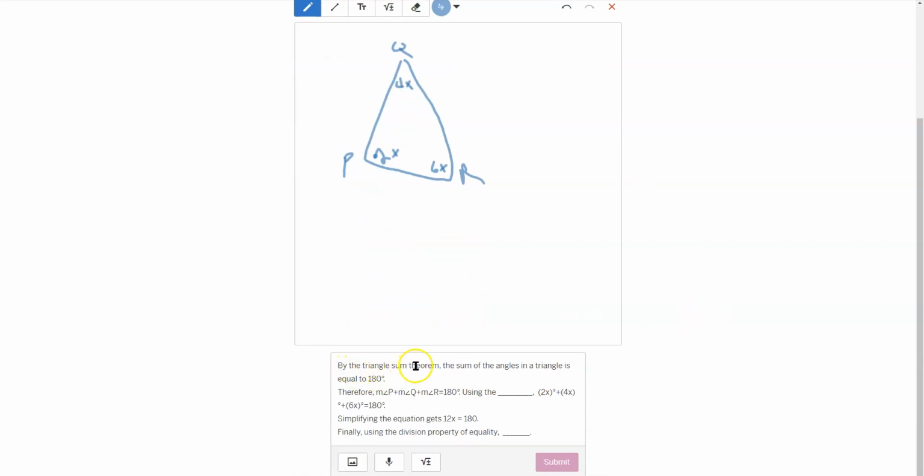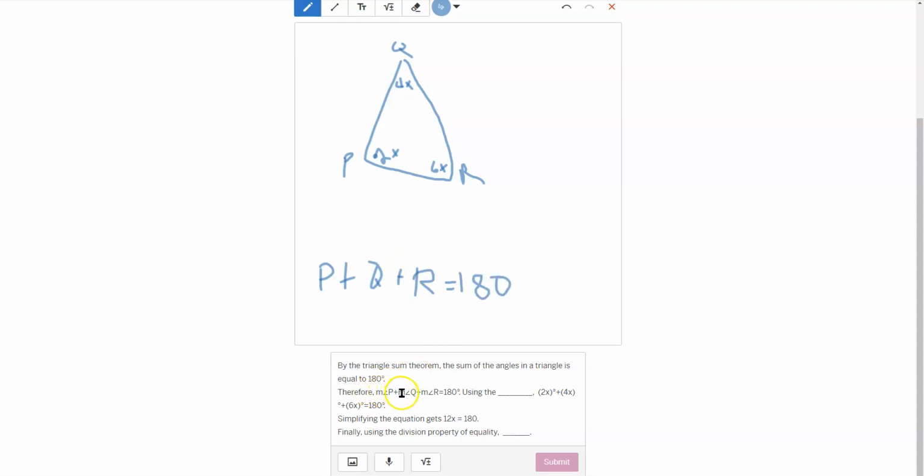By the triangle sum theorem, we can say that P plus Q plus R equals 180 degrees.